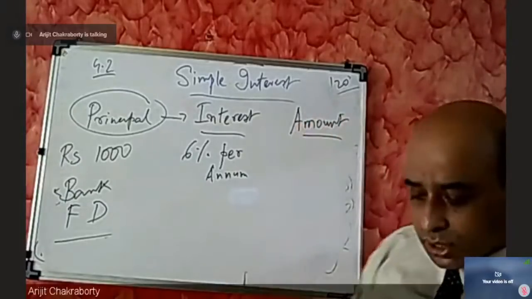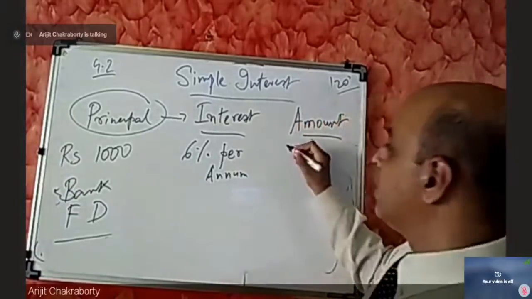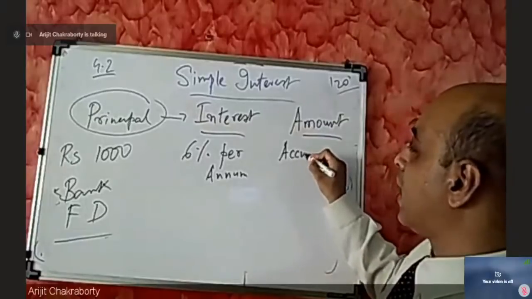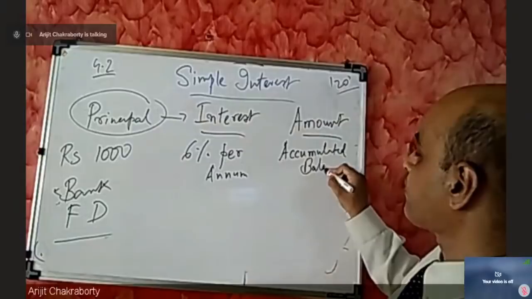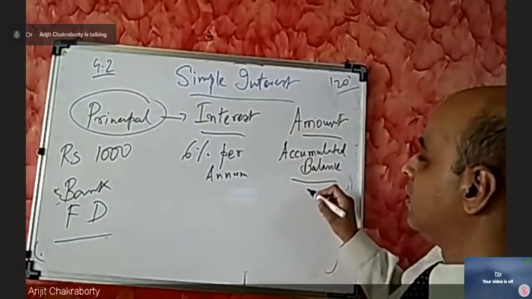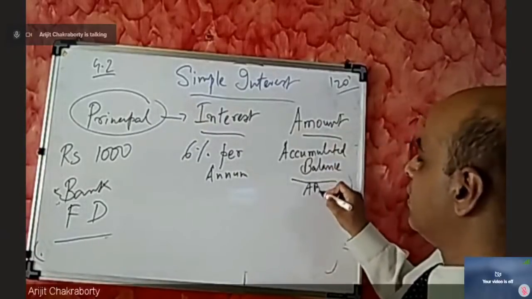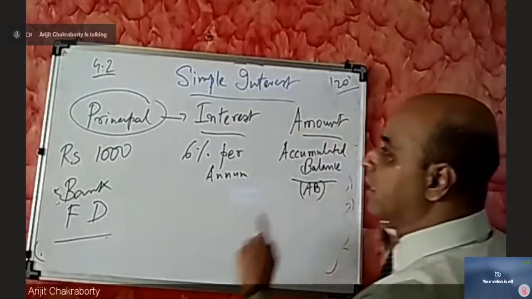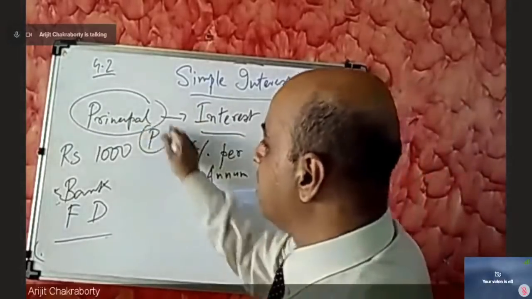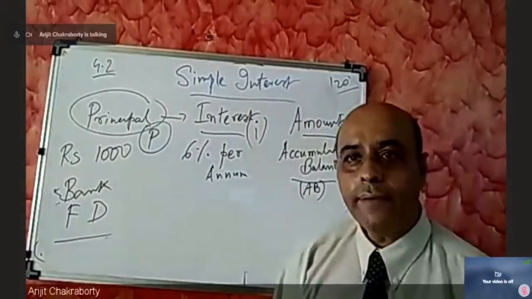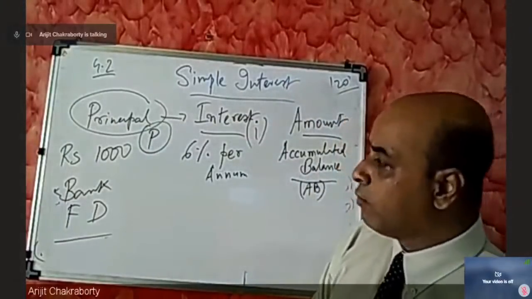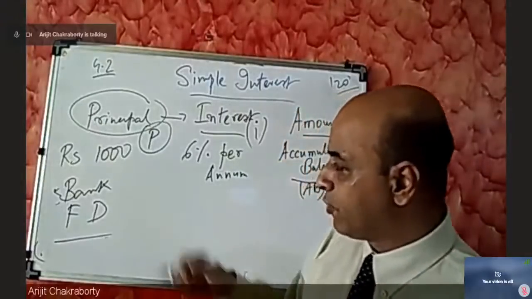So this is also called the accumulated balance. Let's call it AB. Let's call principal equal to P and the interest is I. Okay? So how much will I earn?